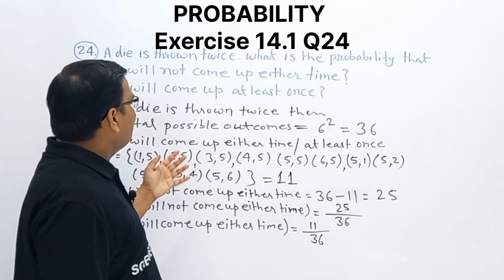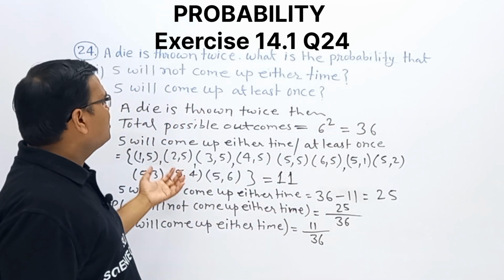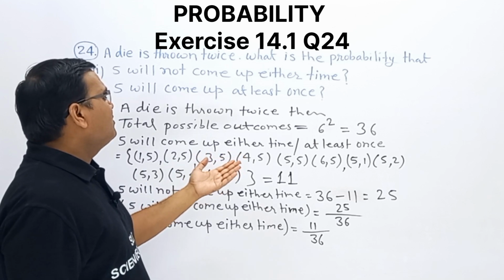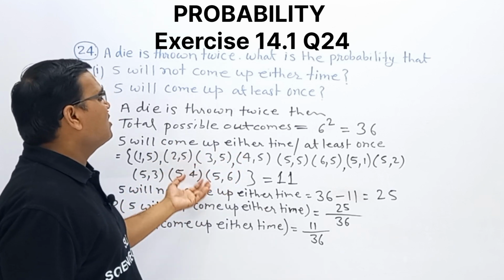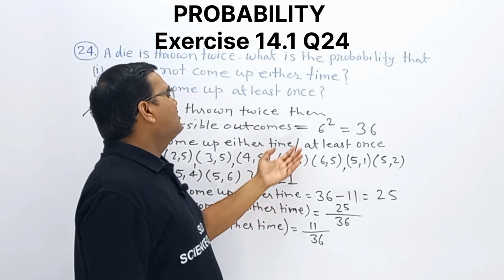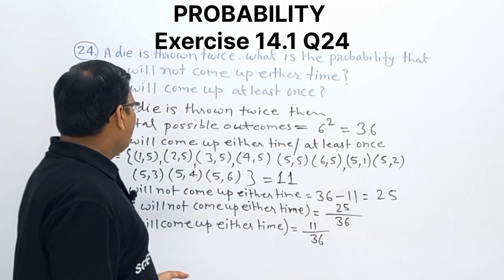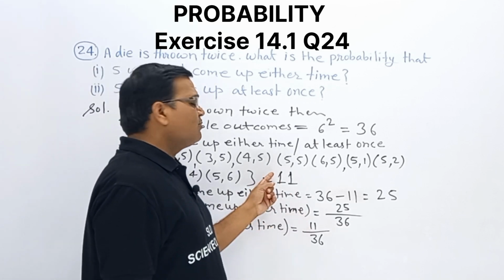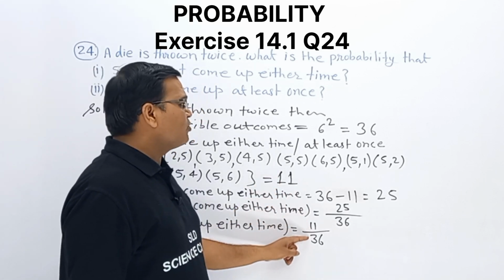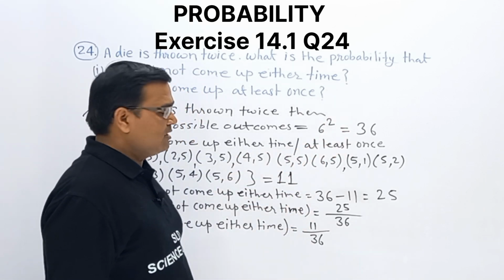Then number of favorable outcomes will be 11 divided by total possible outcomes, which we write as 36.